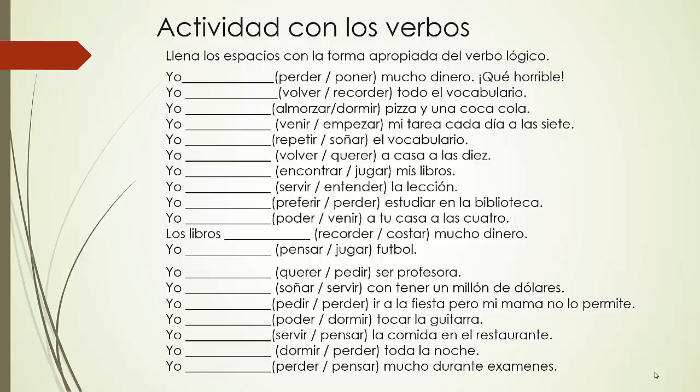You'll have to choose the logical verb to complete the sentence, and you'll have to conjugate it properly. Since most of these verbs are irregular in their yo form, most of the time I'll give you the yo form. But for the stem changing verbs, I might give you tú or él or ella or ustedes or ellos, or I might give you nosotros, the form that doesn't change, just to make sure that you remember that.